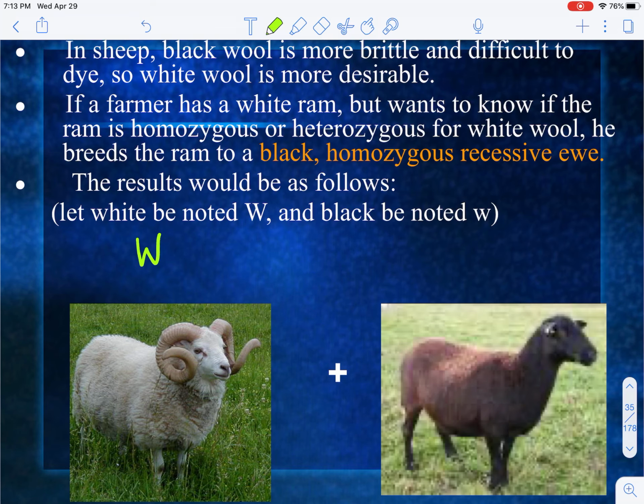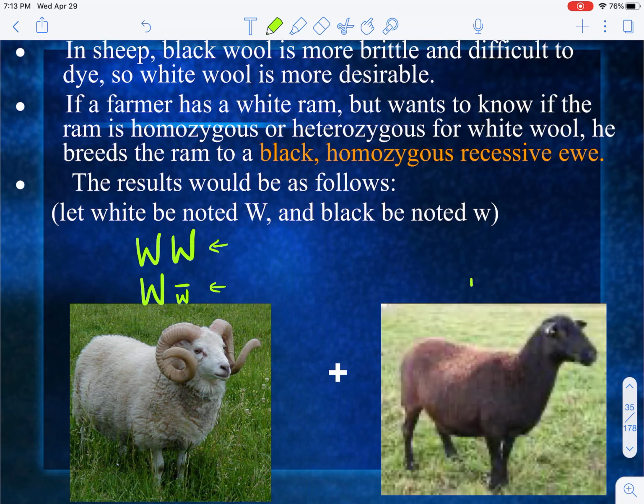And this is a real life example with sheep. If you have a sheep that is white and you want white wool because you can dye it, there's a bigger market in selling it, you want to check if your sheep is actually purely white or carrying the recessive. By the way, if your symbol is the same looking symbol as the dominant, my suggestion is put a line over it, and it will keep you from ever making errors in your crosses.